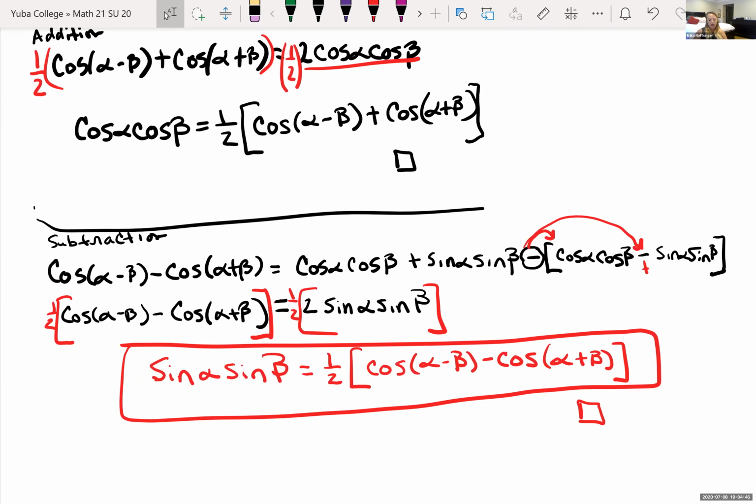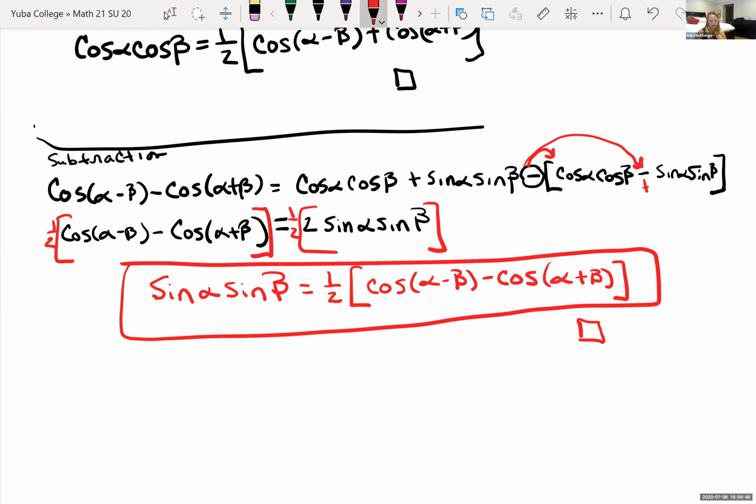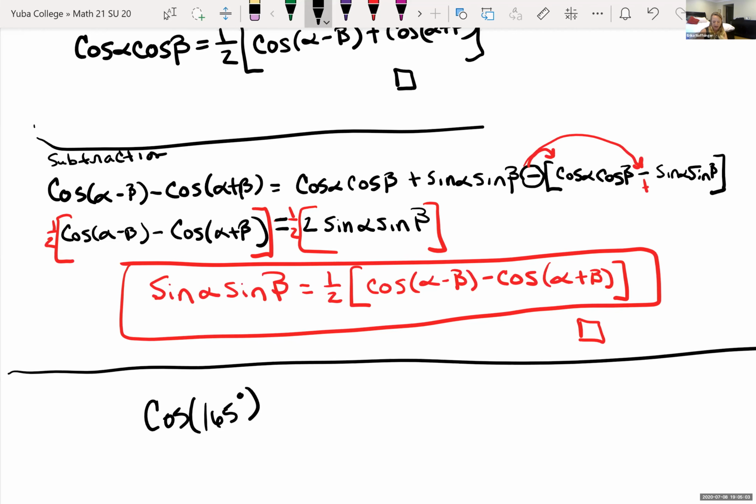Okay, so it wouldn't be using what we are doing right now. If you had cosine of 165, that's not a product or a sum of two angles. Do you want a sum or a difference?